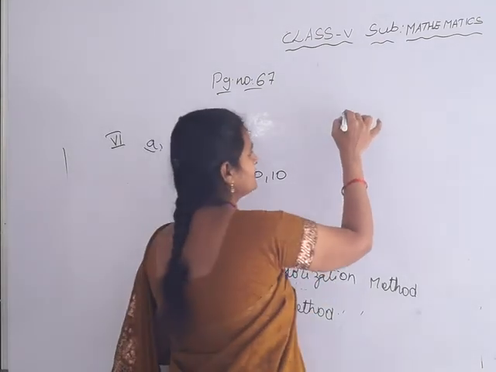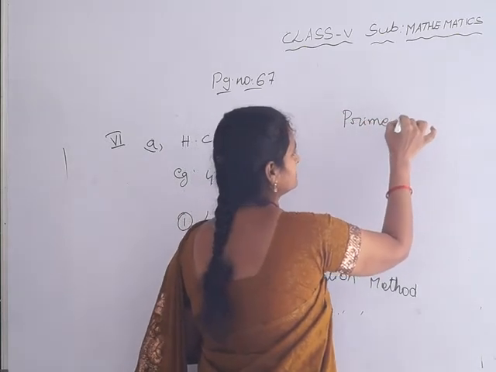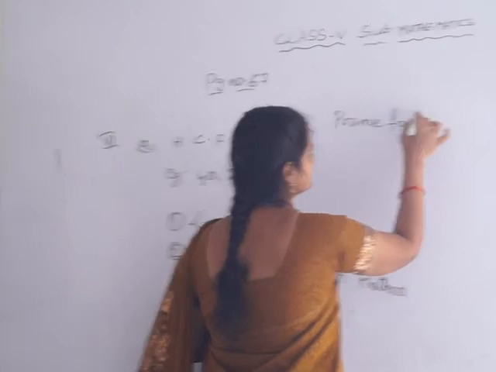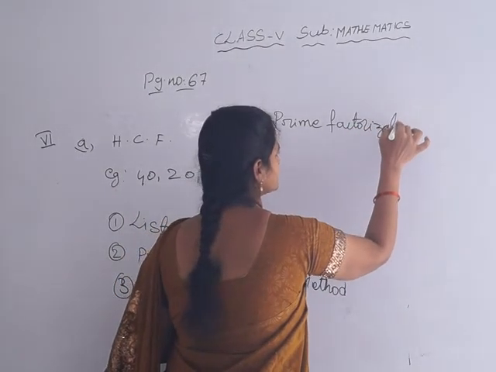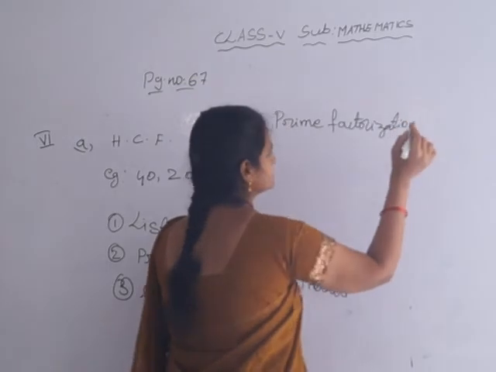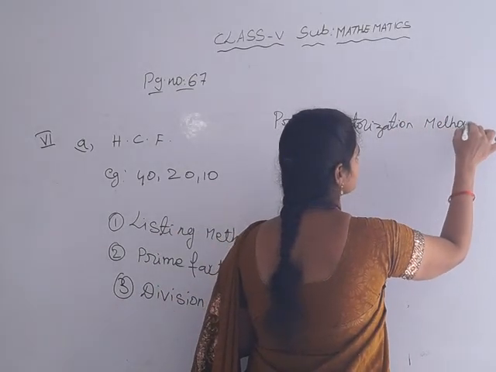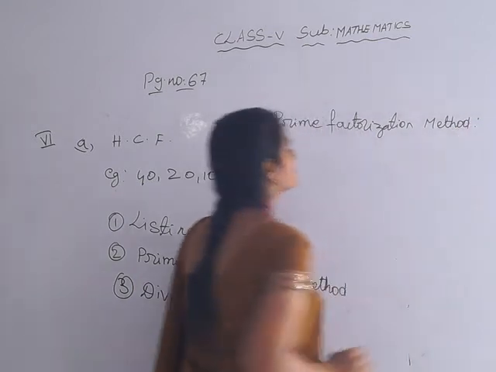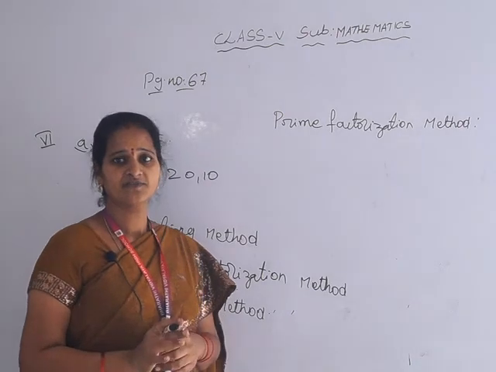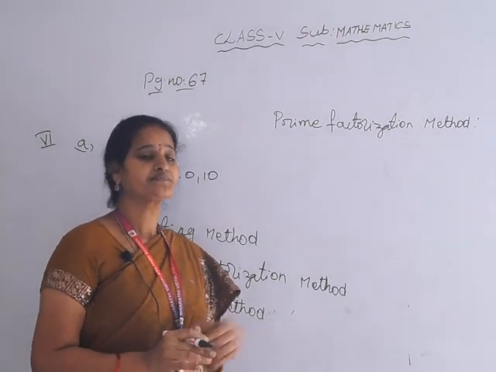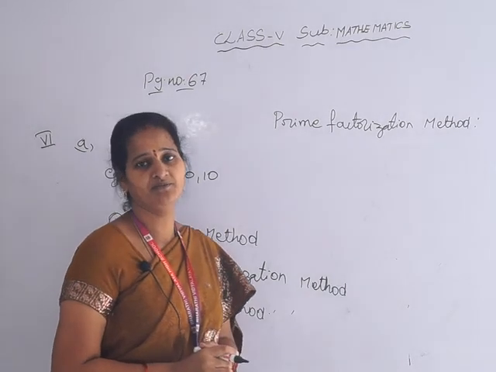In the prime factorization method, we find the factors using only prime numbers.